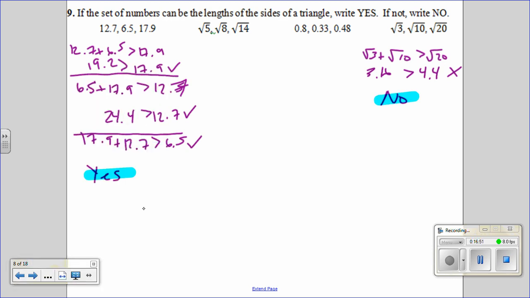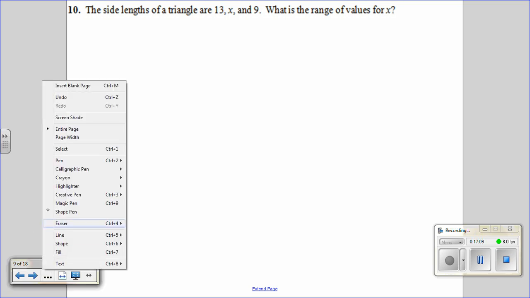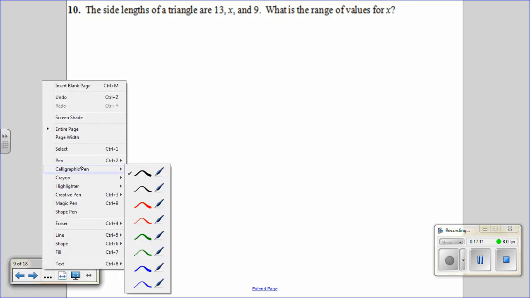And you would just do the other two the same. Number 10, the side lengths of a triangle are 13, x, and 9. What are the range of values for x? So that's kind of like what we did today.